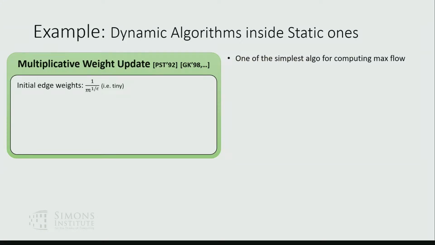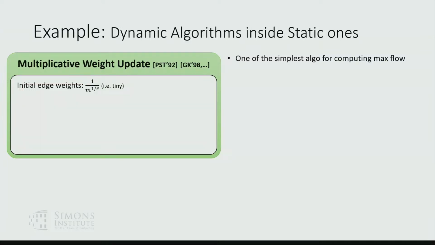So imagine that you have a max flow problem. You want to send flow from S to T, and let's say every edge has unit capacity just for simplicity. Okay, so first you initialize the weight of every edge to be something small.